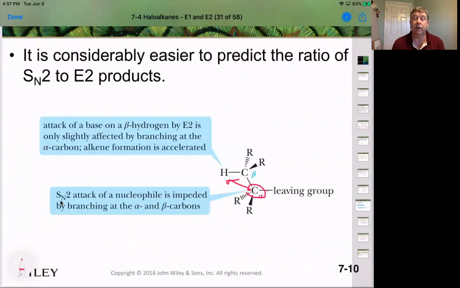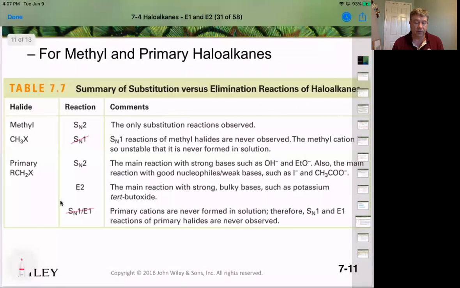So sterics aren't as big a demand. And in the SN2 attack, remember that the nucleophile is impeded by these materials here. So if we use a strong base, we can improve our chances of getting an E2 reaction for those secondary and tertiary alkyl halides.